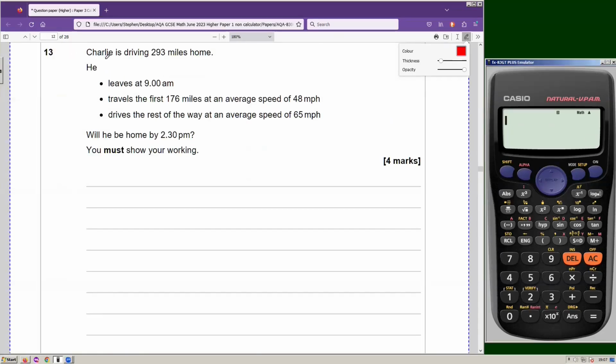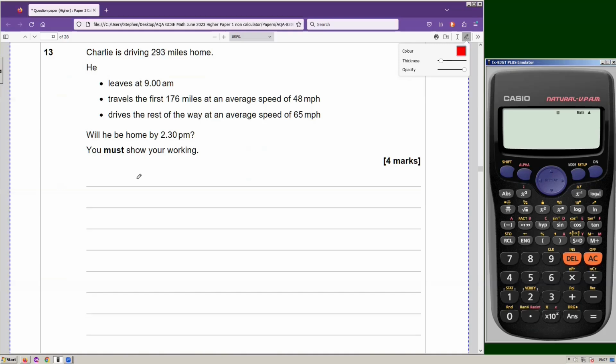Question 13. Charlie is driving 293 miles home. He leaves at 9 a.m., travels the first 176 miles at an average speed of 48 miles per hour, drives the rest of the way at an average speed of 65 miles per hour. Will he be home by 2:30 p.m.? You must show your working. Well, we just got to work out times then, haven't we?